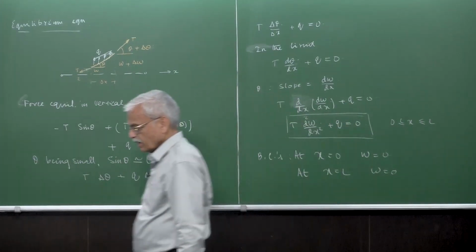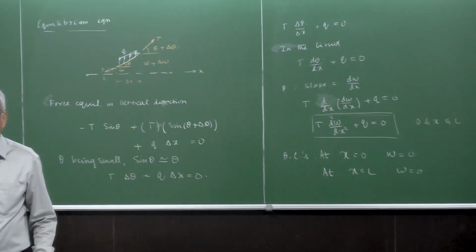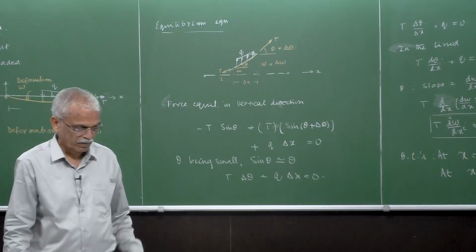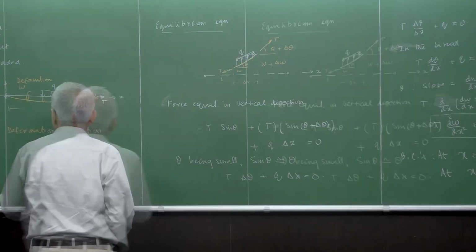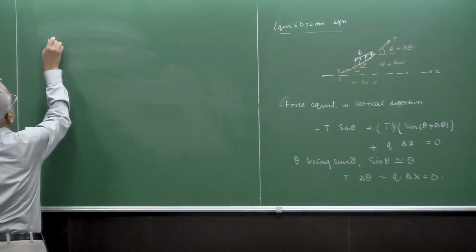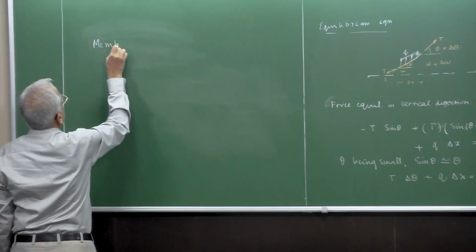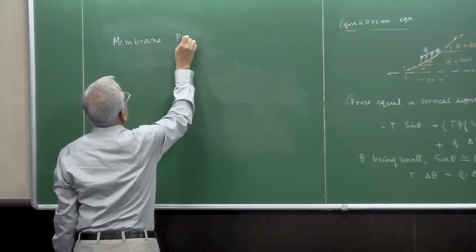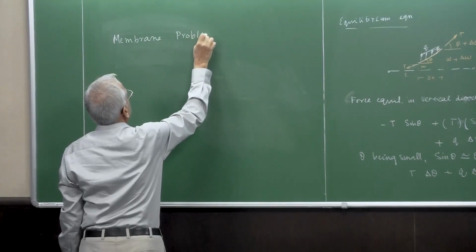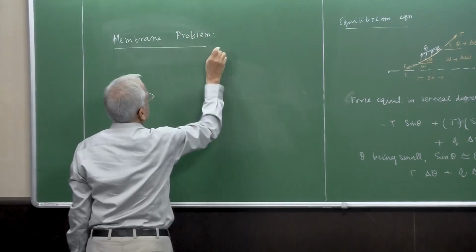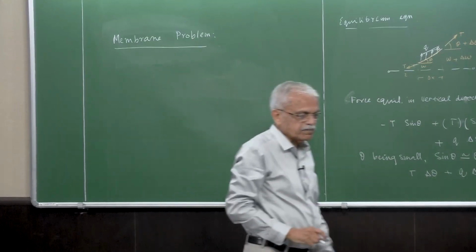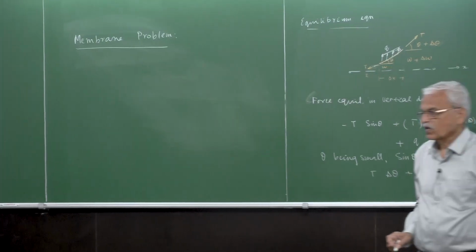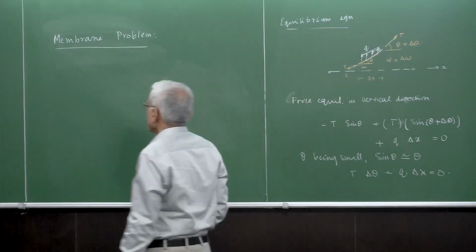Interestingly here, an offshoot of this application is a membrane problem. So what is a membrane problem? A very quick application, an extension of this string problem, is a membrane problem.